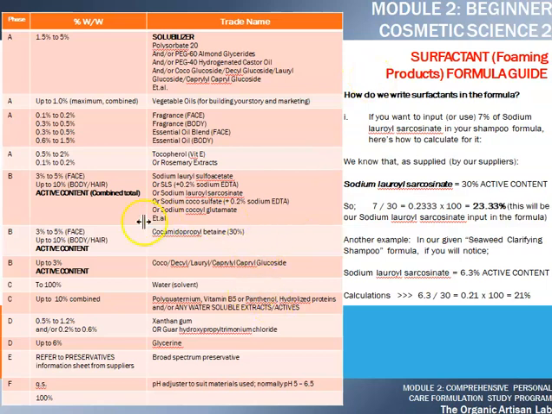Because if you check here, there are guidelines, for example, for solubilizers in the formula. On phase A, it will be 1.5% to 5% of solubilizers, which I listed several that we can probably find in the market. Then another phase A, it says up to 1% maximum of combined vegetable oils.